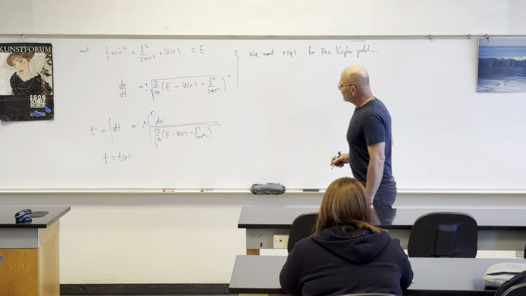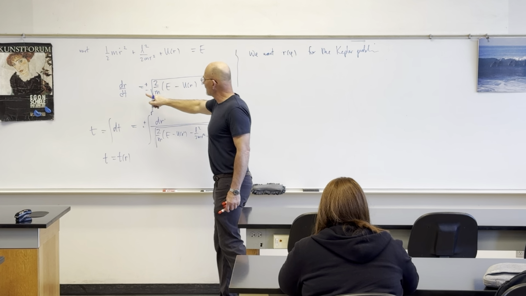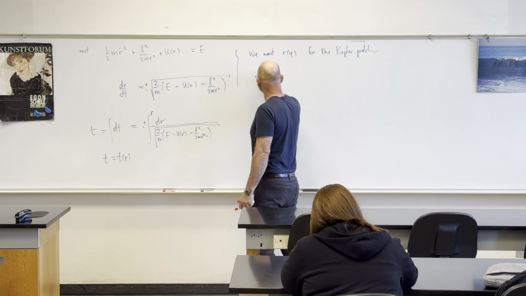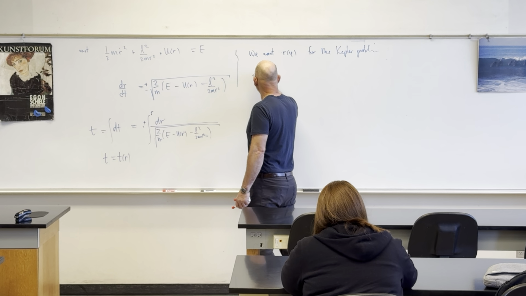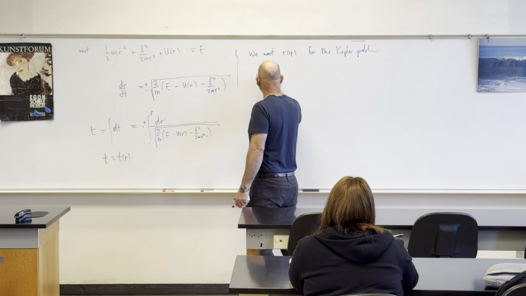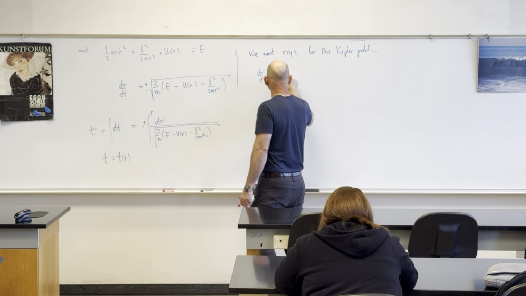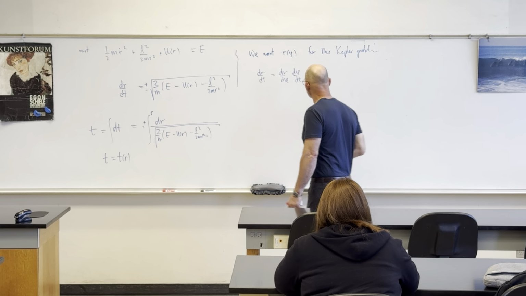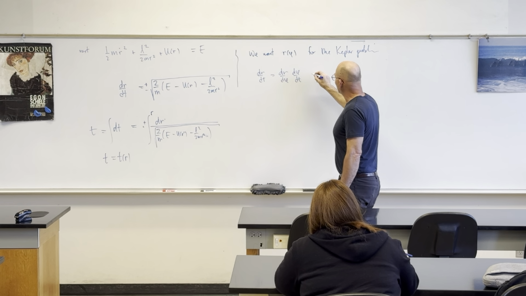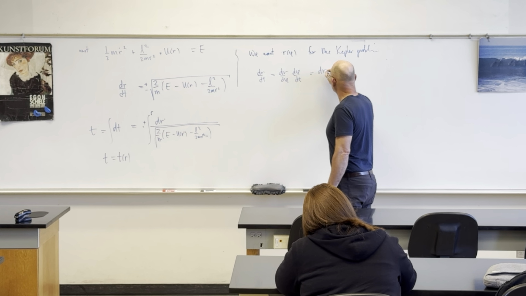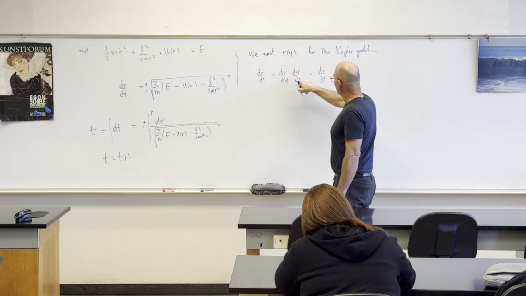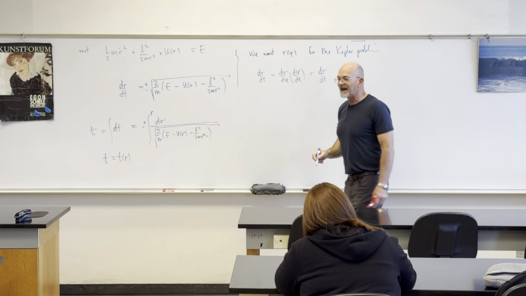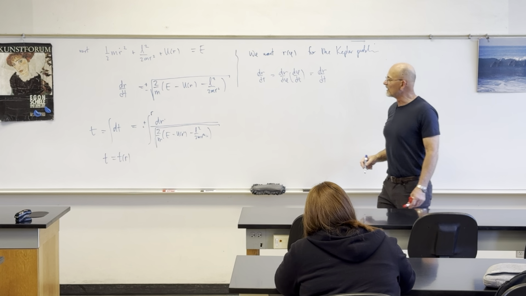So what we're going to do is convert this here. And we can have dr dt is equal to dr d phi times d phi dt, right? But this is dr dt, and the phi dot we have as one of those conservation laws.